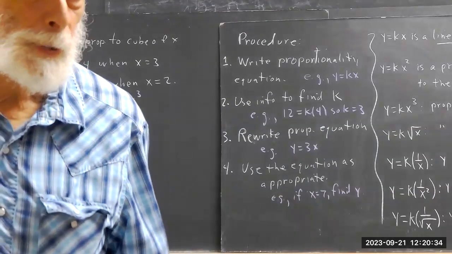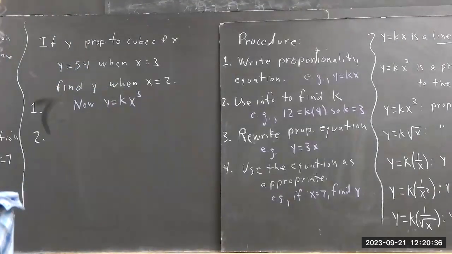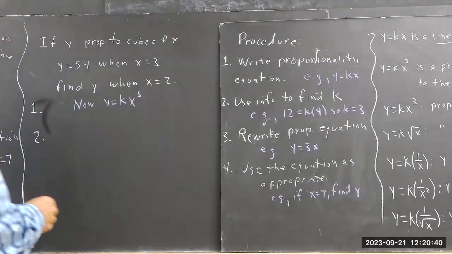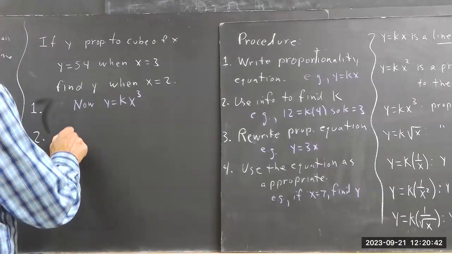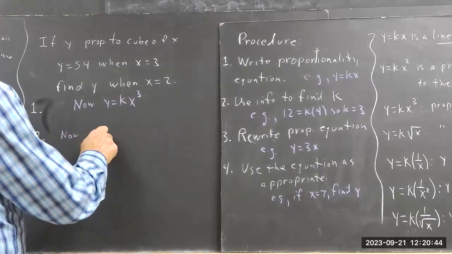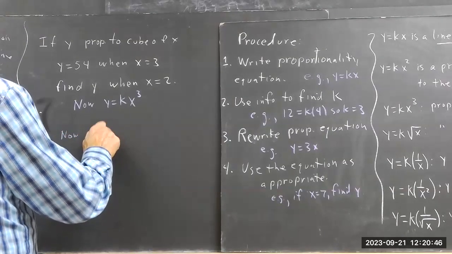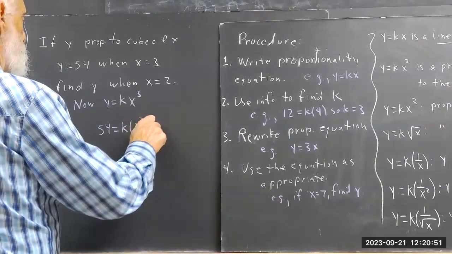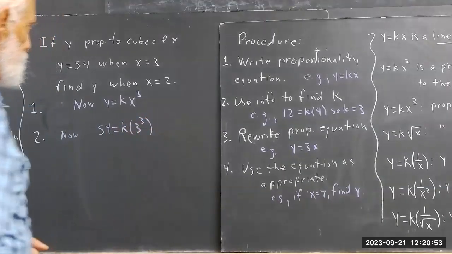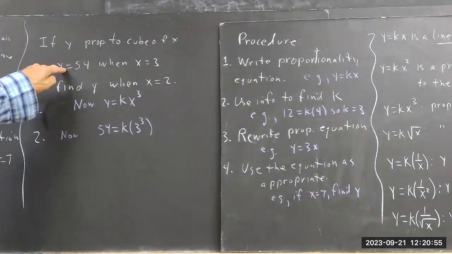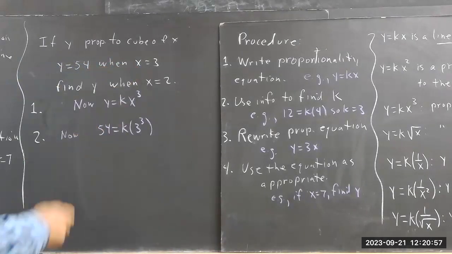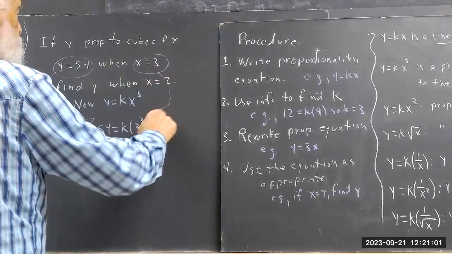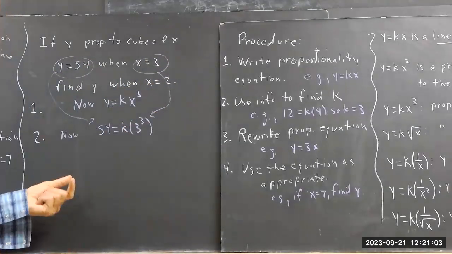Now we're short on time, so I'm going to work through this, but I think you're going to understand. You put the 54 in for y and the 3 for x. 54 goes here, 3 goes here. And then you just do the arithmetic.